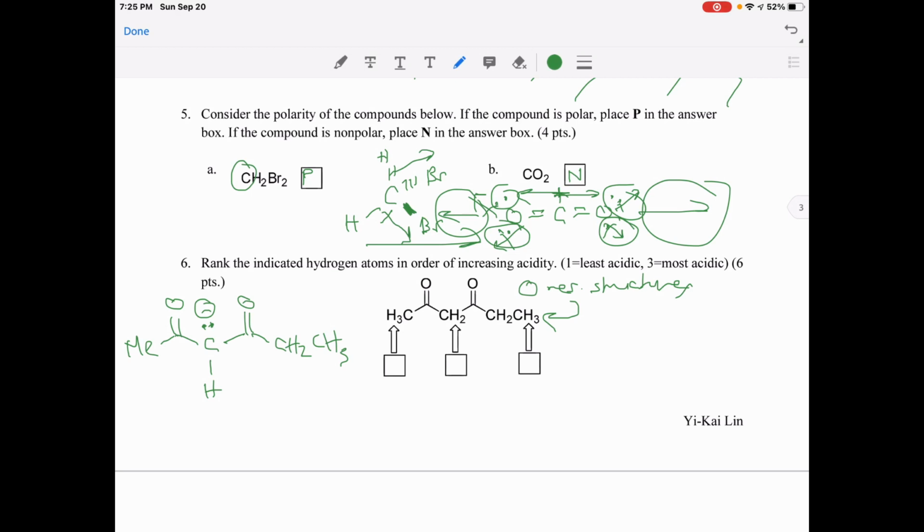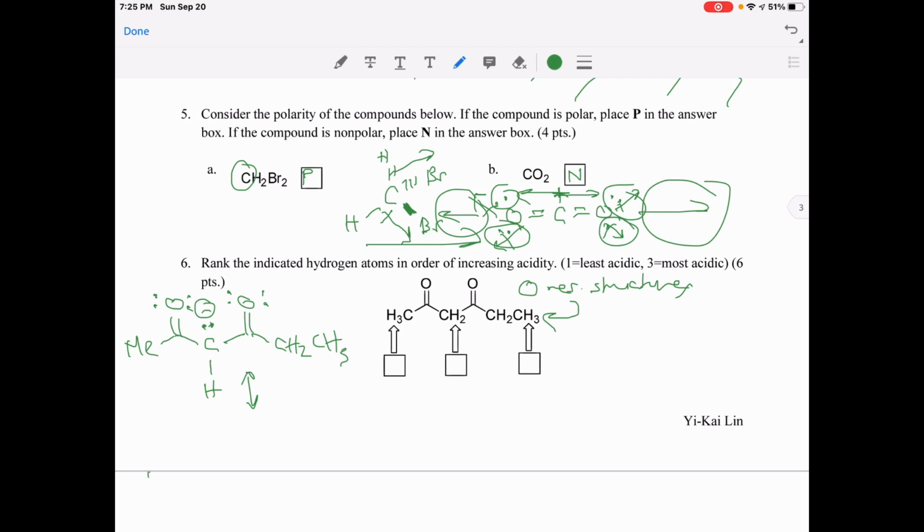Let me draw in the lone pairs on the oxygens. This negative charge on the carbon can actually move to the left or to the right, and that gives us two possible resonance structures. Let me draw the first resonance structure.